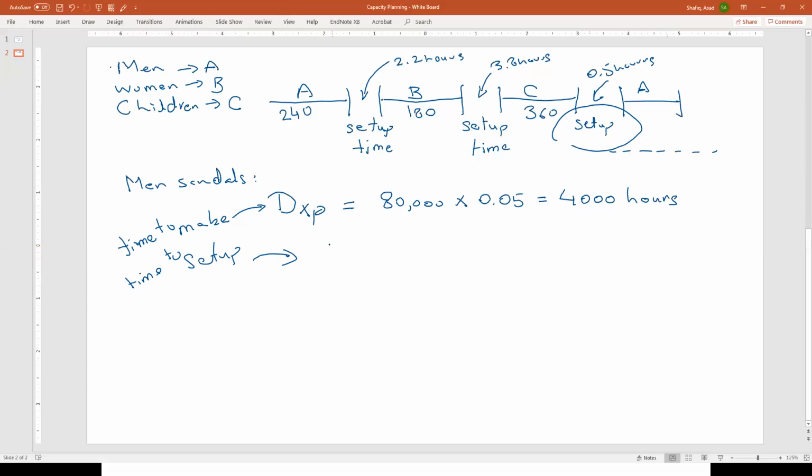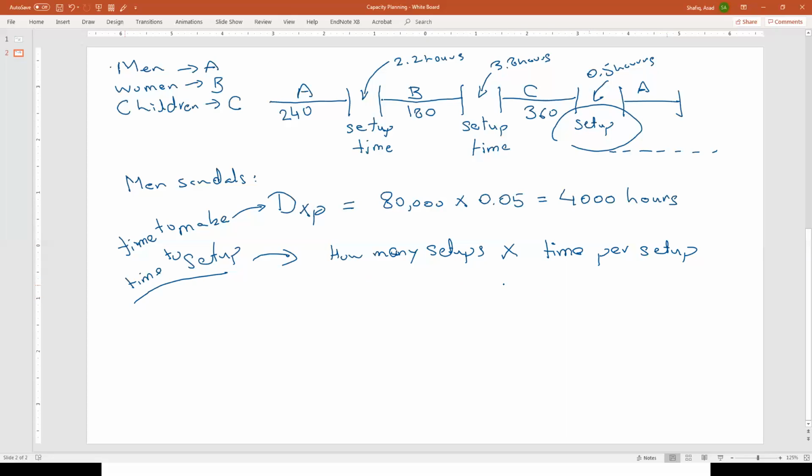Now, how do we estimate how much time we need to set it up? We need to find out how many setups we need times time per setup, right? So if you know how much time we generally spend setting up the machine for product A times how many setups are required, we will have the answer of how much total time is needed to set up the machine.